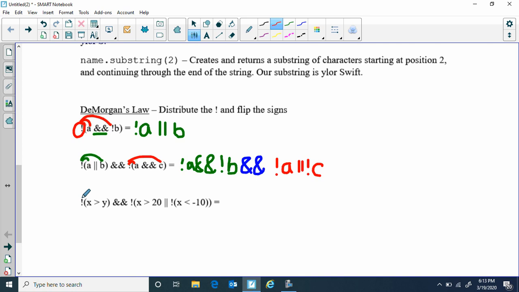Working with greater than less than signs are just a little bit different. When we have a not outside of parentheses, we still flip our sign, but we don't put a not with our variables. Those work just a teeny bit differently. So we would keep our X. We would change the greater than to less than or equal to.